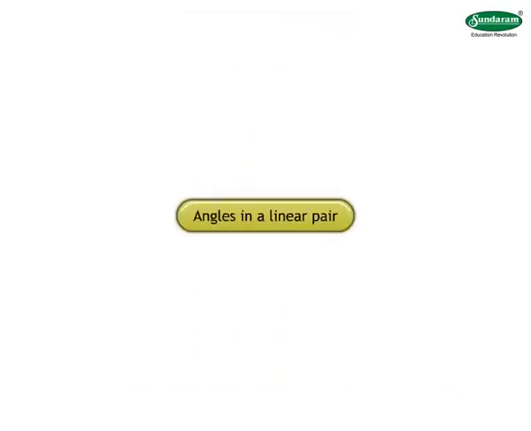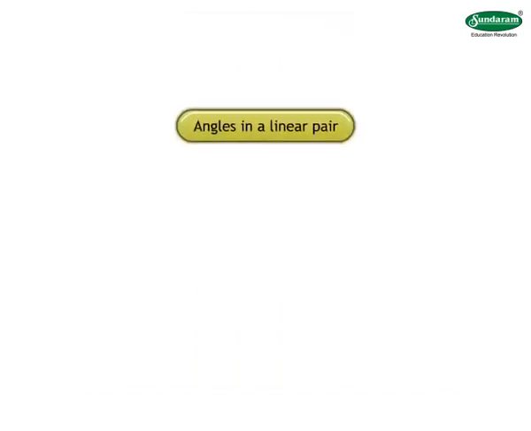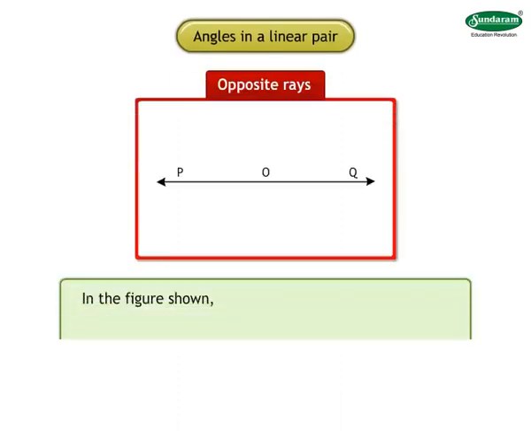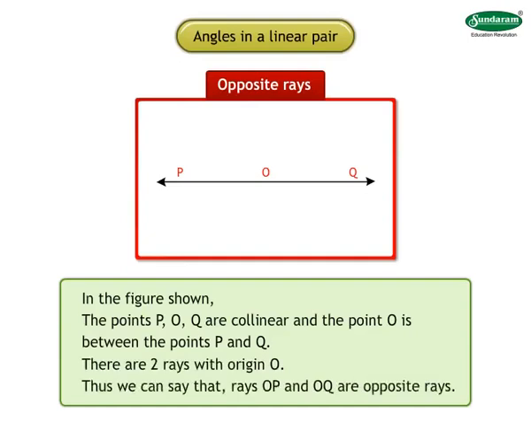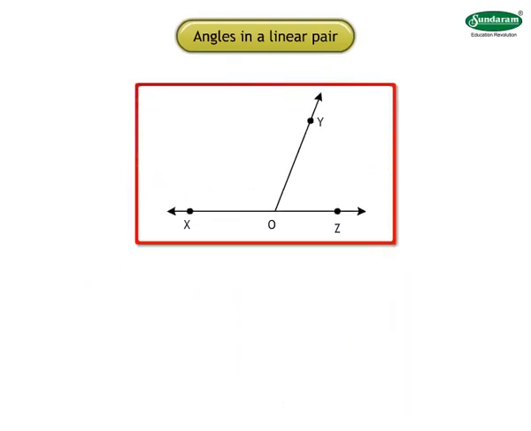Now let's look at angles in a linear pair, opposite rays. In the figure shown, the points P, O, Q are collinear and the point O is between the points P and Q. There are two rays with origin O. Thus, we can say that rays OP and OQ are opposite rays. Now look at this figure.